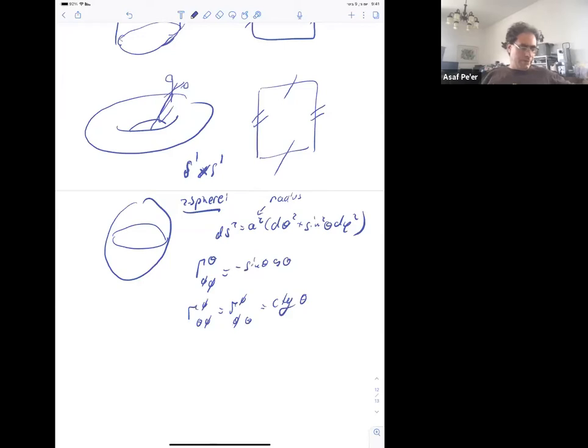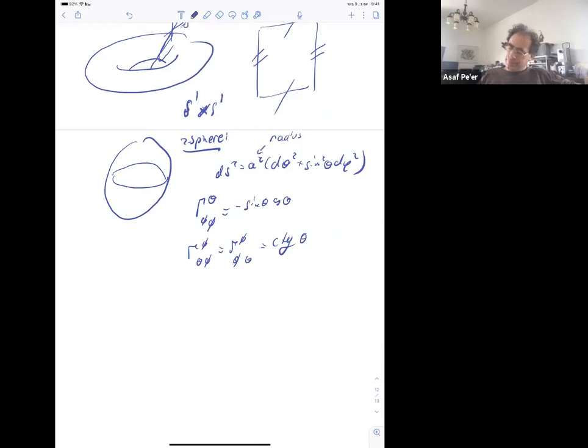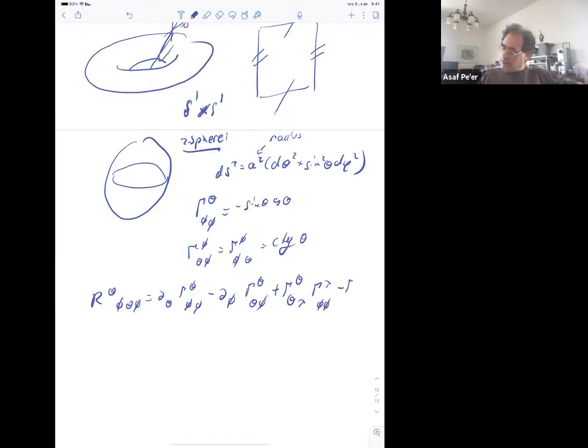And then one of the components of the Riemann tensor, R theta phi theta phi, is d theta gamma theta phi phi minus d phi gamma theta theta phi plus gamma theta theta lambda gamma lambda phi phi minus gamma theta phi lambda gamma lambda theta phi.